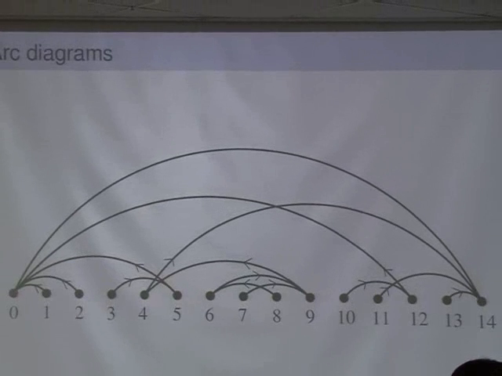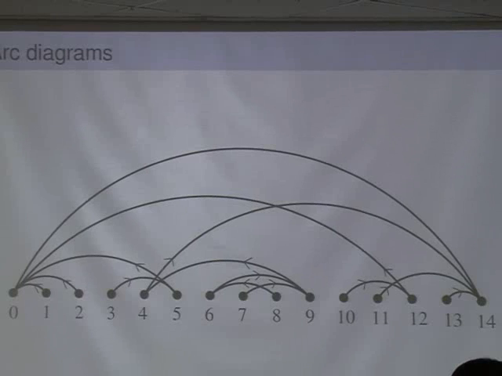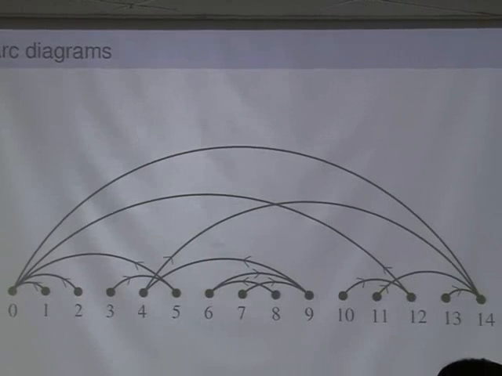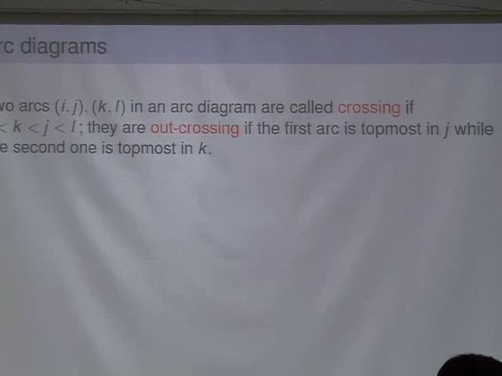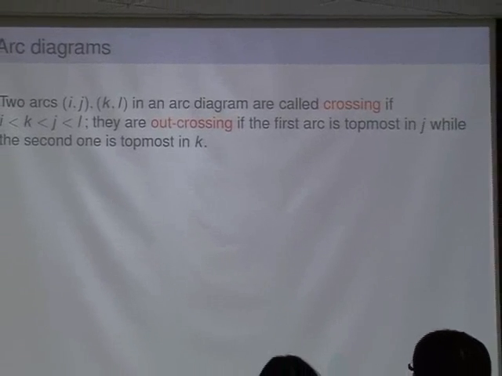So why is it nice? Because you can see something that I didn't talk about, the free cells. I did everything with free rows and columns, but here you can see free cells, and they correspond to outcrossing arcs.